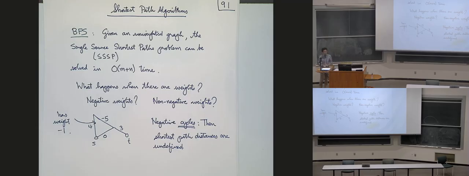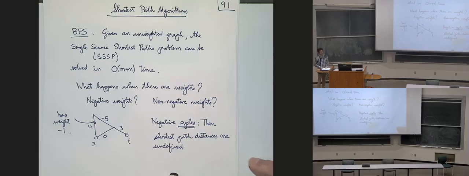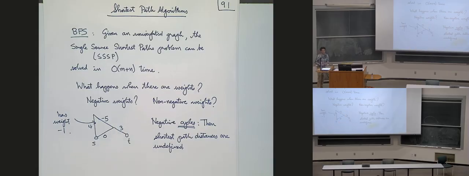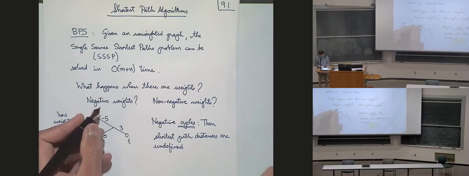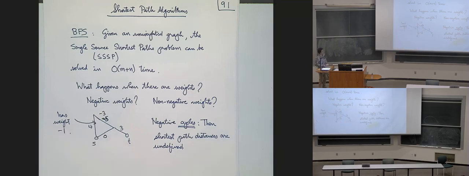Okay? So you have almost like three situations. You have a situation where there's a negative cycle, so shortest paths are not defined. You could have negative weights but not have negative weight cycles. So for example, if this instead of -4 was -3, well then it's okay. Then you won't have a problem. You actually can define shortest path distances. And of course, if you have non-negative weights, then there's no problem.